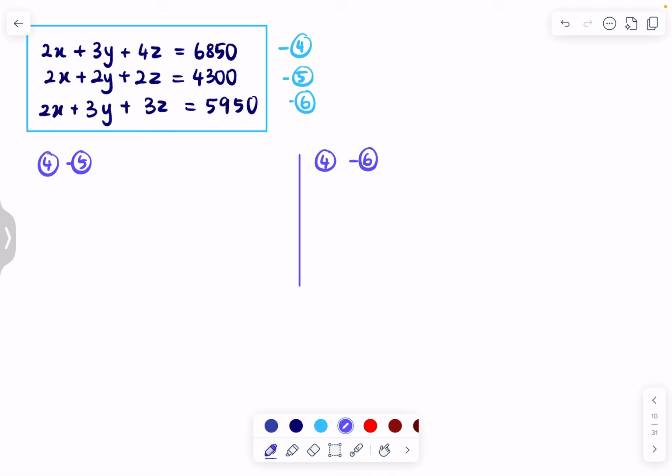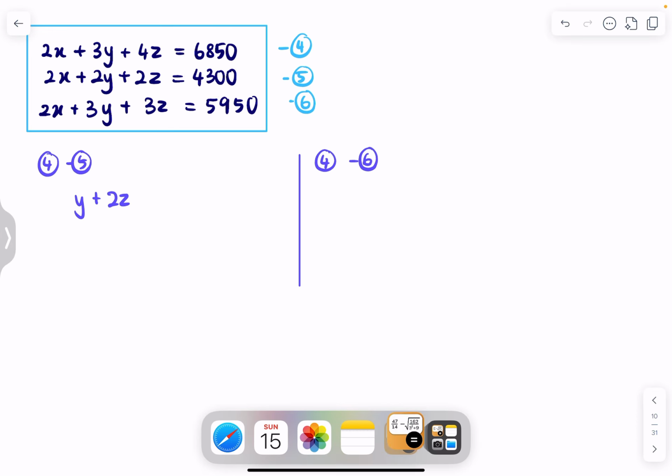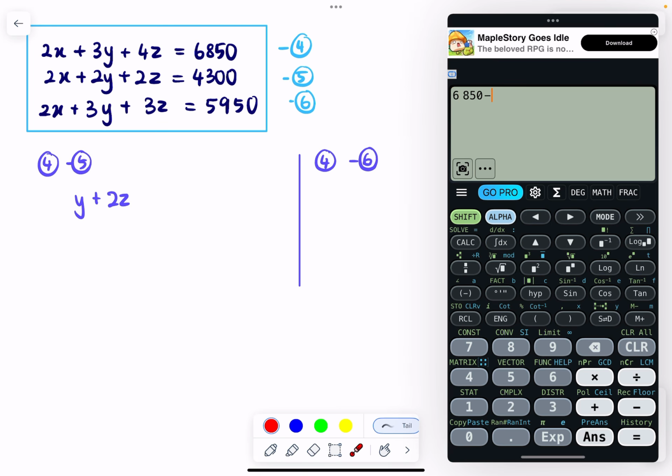Okay, equation 4 minus 5, 2x minus 2x cancels off. 3y minus 2y is just y. 4z minus 2z is 2z. And then 6850 minus 4300, 2550.